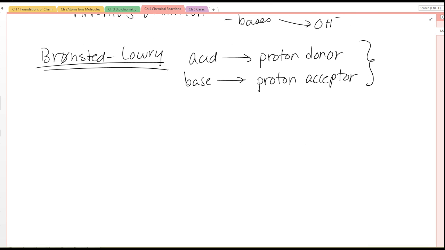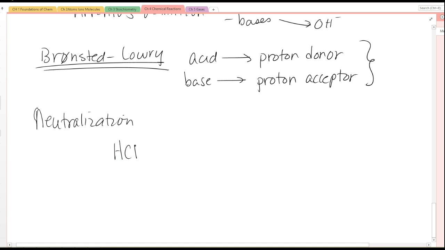And neutralization reactions are reactions where you put an acid and a base together and they form a salt and a water. Okay, so it's like metathesis because you're kind of doing a double replacement. So let's look at that.